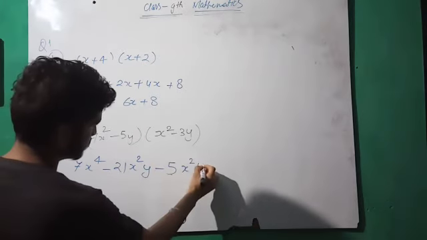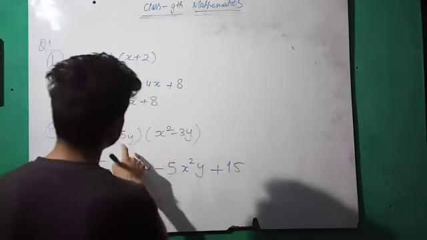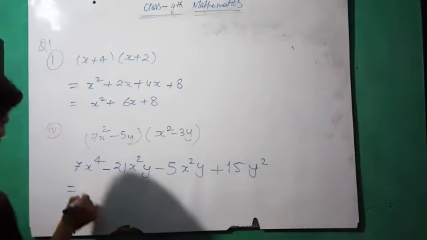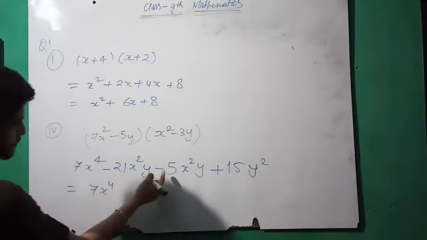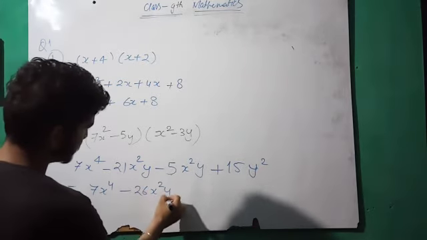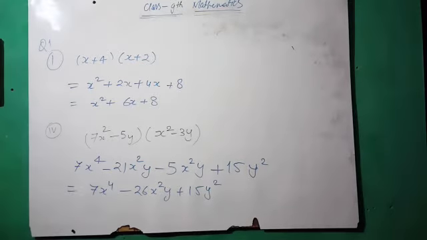Then minus 3y into minus 5y, that is plus 15 y square. Now simplify this: 7x to the power 4, minus 21 minus 5, that is minus 26 x square y, plus 15 y square. Note down both of the answers.